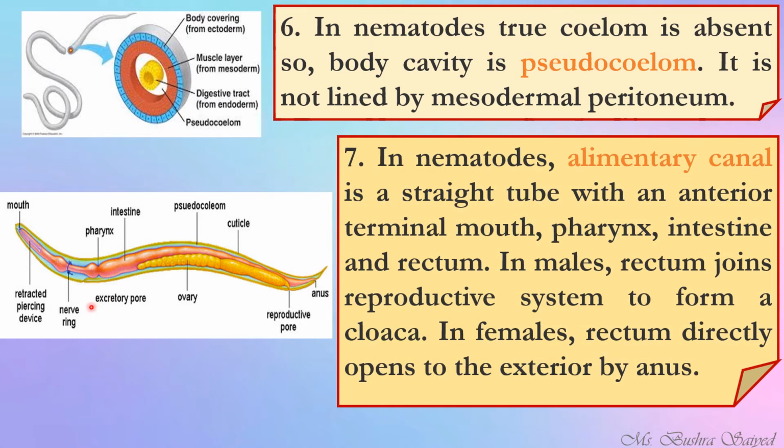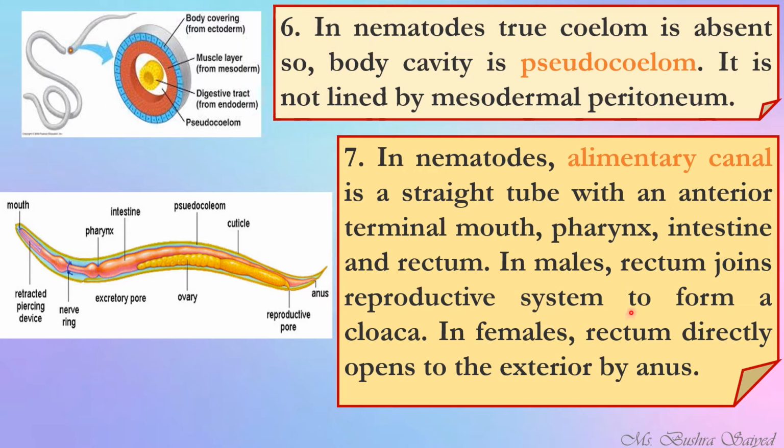When we talk about the alimentary canal, if you see in the diagram, it is a straight tube. You can see the mouth, pharynx, intestine, anus. So this is the alimentary canal, the digestive tract of the nematode. It has a mouth, pharynx, intestine and rectum.